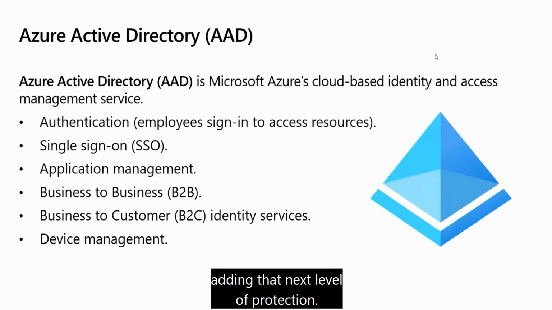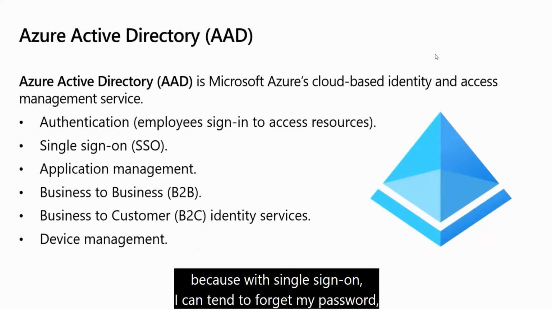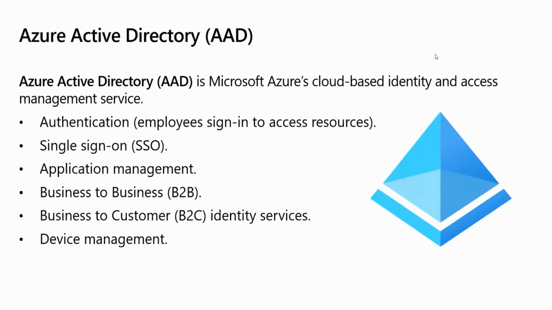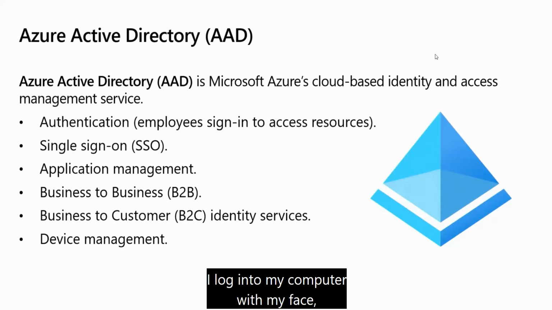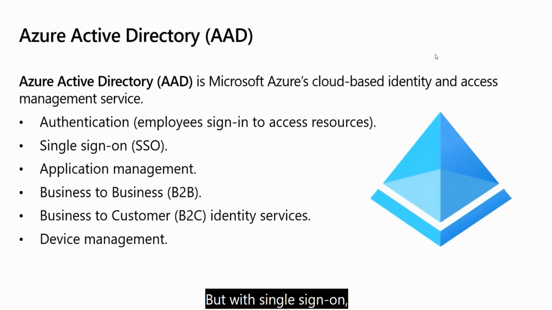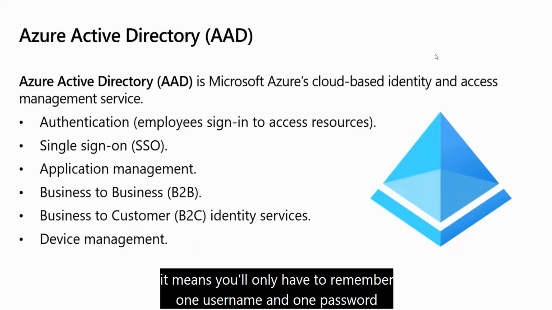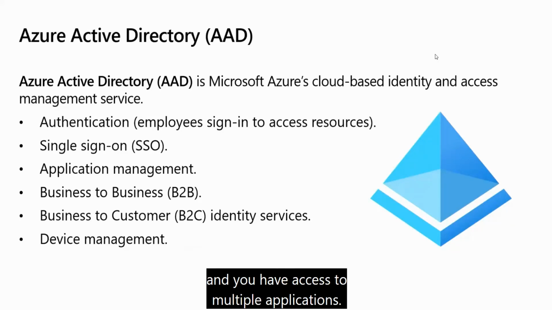It's adding that next level of protection. It also can be used for single sign-on, which is so incredibly nice, but it also can be a curse. Because with single sign-on, I tend to forget my password, because I log into my computer with my face, and sometimes I may forget some of my passwords. But with single sign-on, you only have to remember one username and one password, and you have access to multiple applications.